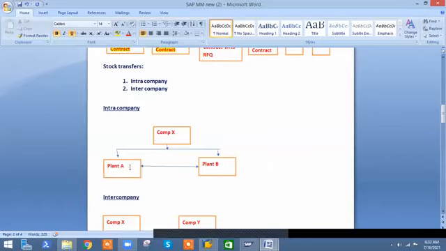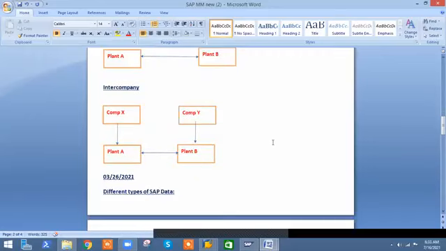Because the company code is simply a legal entity which sets up unique GL accounts, and it is liable for audit purposes when the government asks what the transactions are and what your turnover is. These two belong to a single company code. That is the reason there is no invoice. That is intra-company STO.